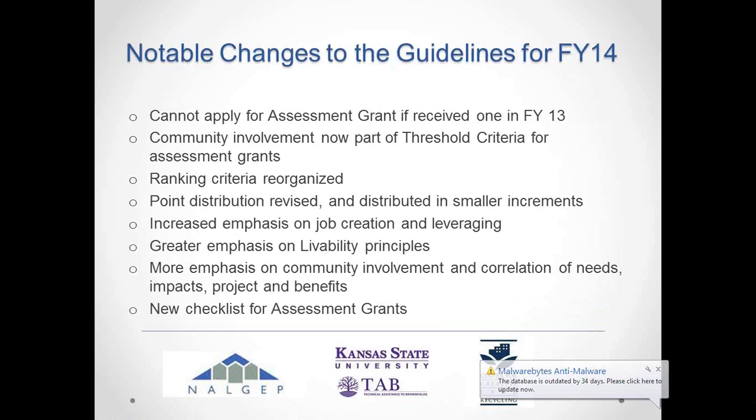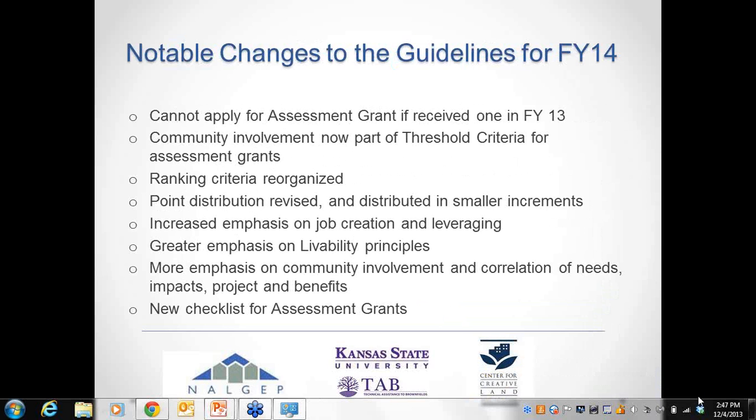Now, for those of you who have applied previously, you don't want to take last year's proposals or proposals from 2 years ago and just kind of revise that. You might have to do an overhaul because the guidelines have changed. There are 2 notable threshold criteria changes, and there are also a number of ranking criteria changes.